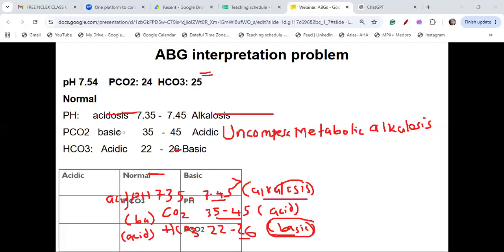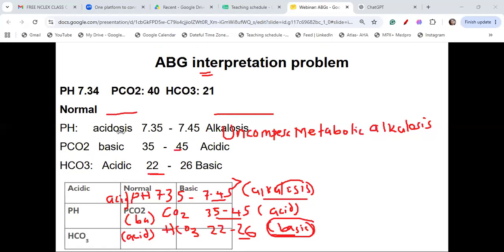Because the pH was abnormal, the CO2 was abnormal, the bicarbonates are normal. So you can see one of them is normal, so it is uncompensated. If I may go back to this one, the pH is abnormal, the CO2 is normal, sorry. The bicarbonates are abnormal. So again, you can see one of them is abnormal. So again, the name uncompensated.